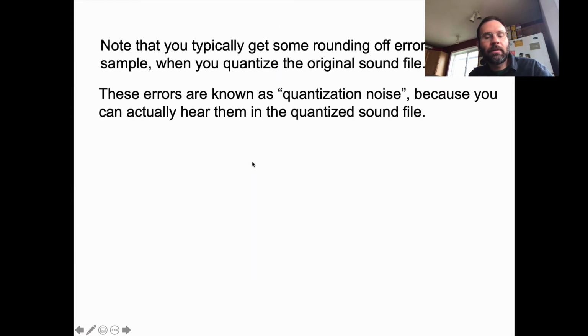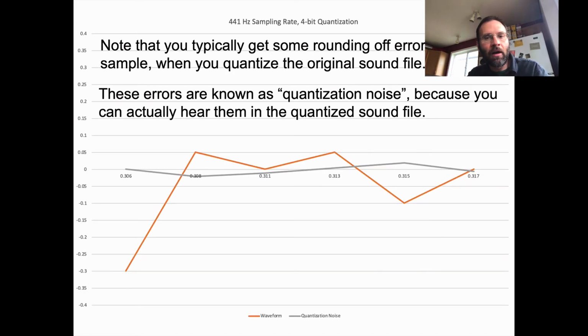What emerges is what's called quantization noise in the output file, because you can actually hear that rounding off error in the quantized sound file. It's like you're adding a little bit of incorrect value to the original, and it's not predictable or periodic, so it sounds like noise. It sounds like randomness for each sample that you get.